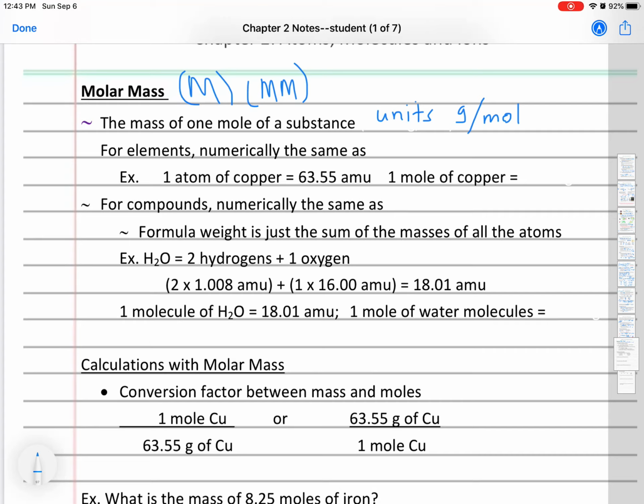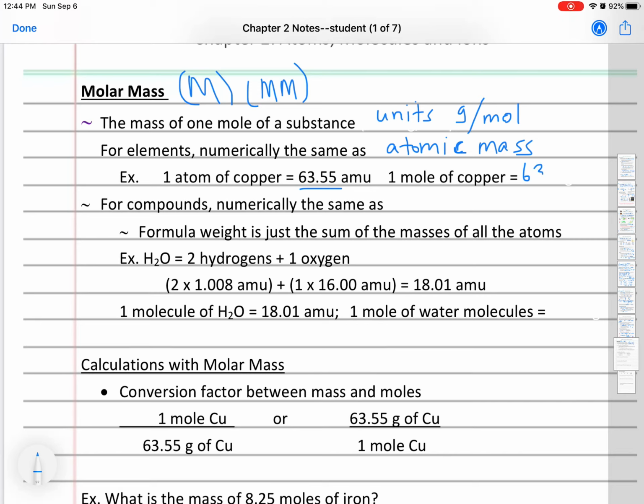For elements, the molar mass is numerically the same as the atomic mass from the periodic table. So for example, 1 atom of copper, according to the periodic table, is 63.55 AMUs.